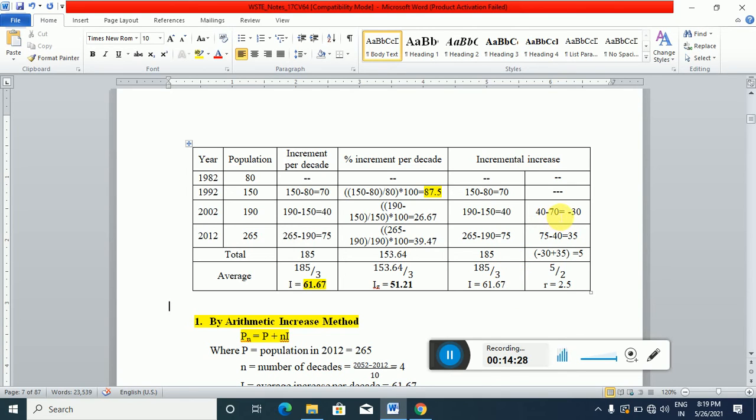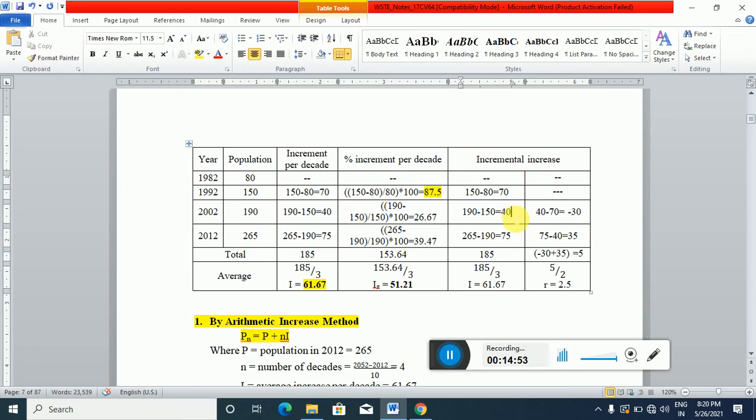Similarly, to calculate the incremental increase for the next decades, we have to again subtract this value, 40 minus 70, the difference of the incremental increase. Note that there could be also a decrease or increase in the population. In this incremental increase method, the decrease in the population is also considered.